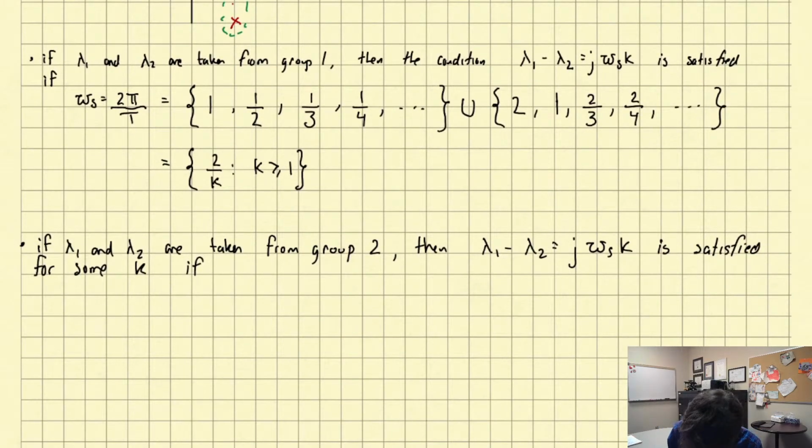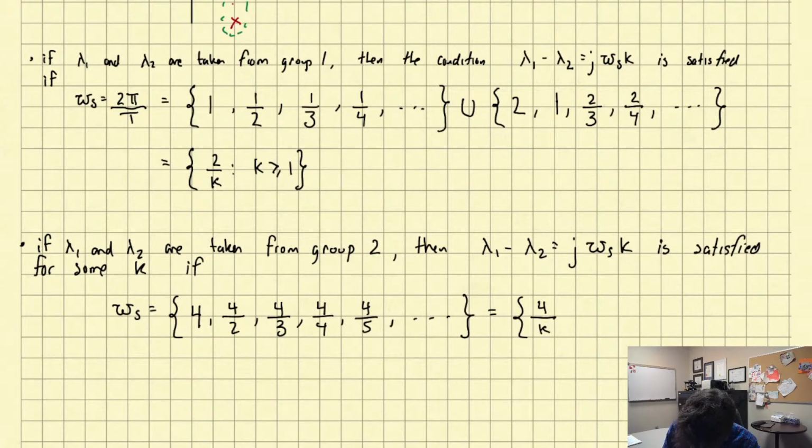So we get again omega s equal to 4, 4 over 2, 4 over 3, 4 over 4, 4 over 5, etc., which is just equal to 4 over k. So that's the second collection of pathological sampling frequencies, resulting from the second group.